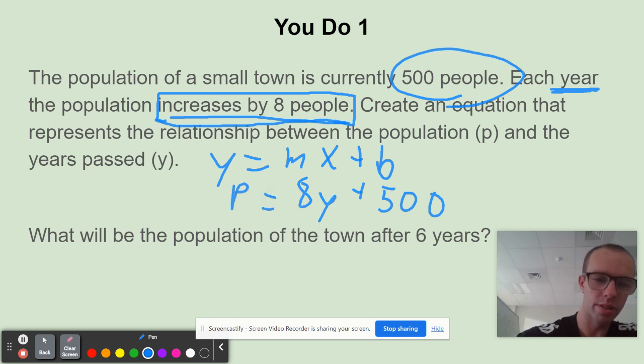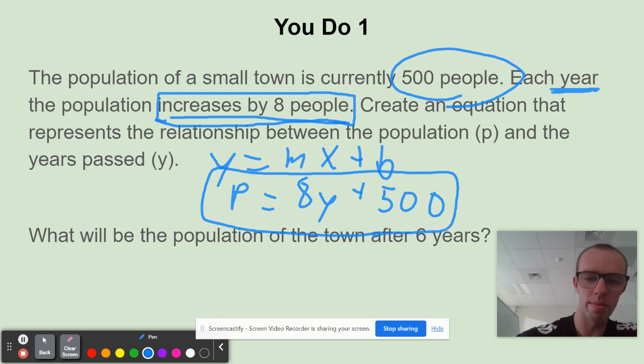Now all of this equals the population of the town. And so now I've created a model that represents this story. All right. The population is equal to 8 times the amount of years plus 500. And now I can use this model to figure things out. Someone says, hey, what will be the population of the town in 6 years? This might be something a mayor wants to calculate to build housing or whatever. And so, well, years is no longer an unknown.